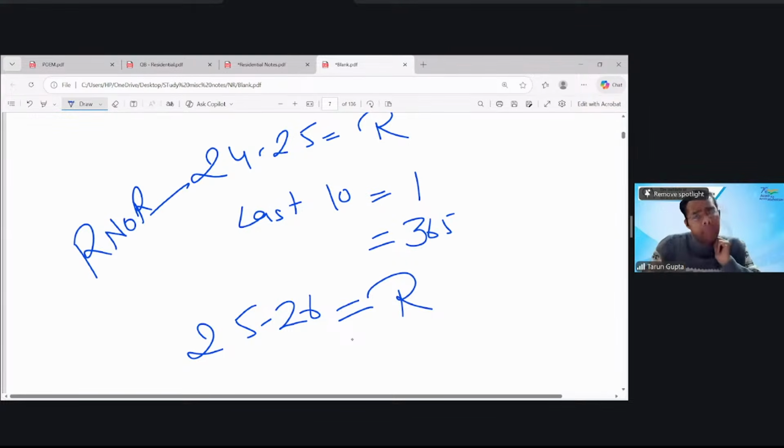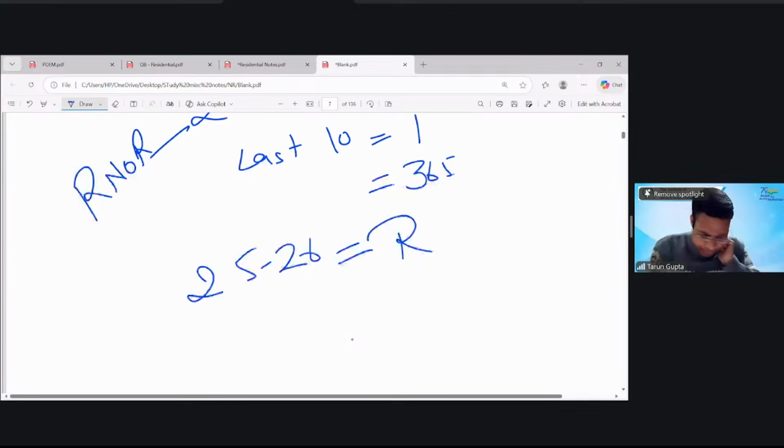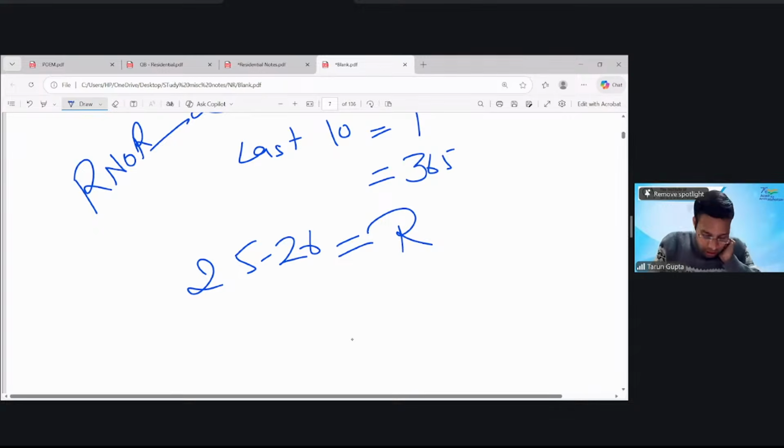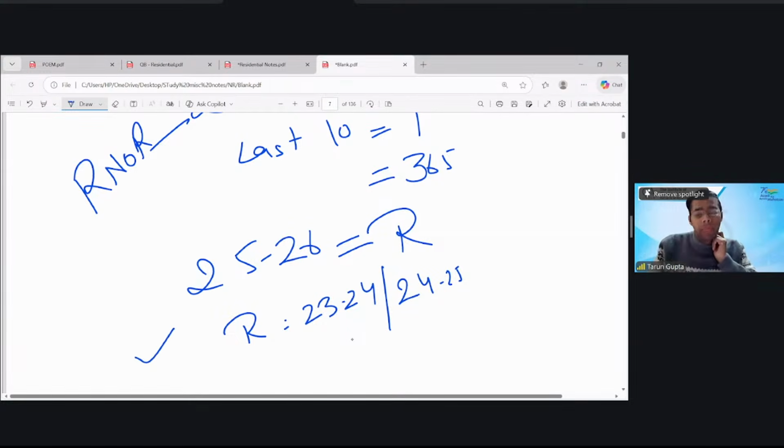Now comes the next year, 25-26. He qualifies as resident because he is permanently settled in India. Was he resident in at least 2 years out of the last 10 years? Yes. He was resident in 23-24, we just saw, and 24-25. So he satisfied the first condition.